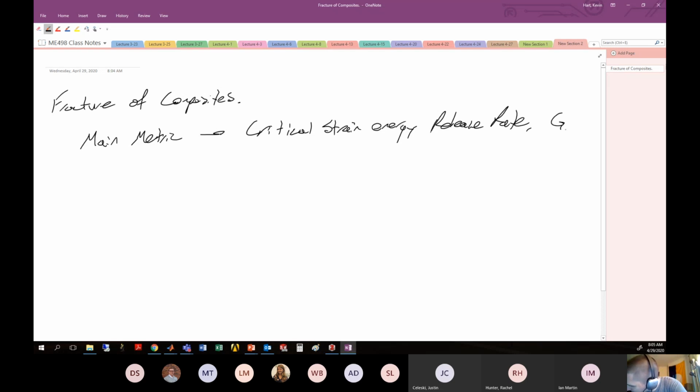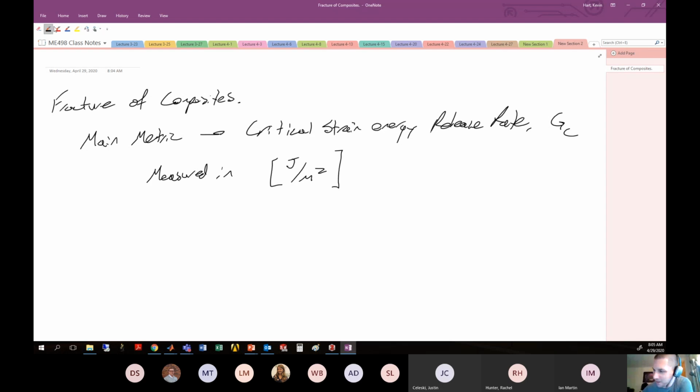Usually that's given with the variable capital G and sub C, critical strain energy release rate, G sub C. This is measured in joules per meter squared, or the equivalent English value, which is like BTUs per inch squared. Joules per meter squared, much more appropriate values here.